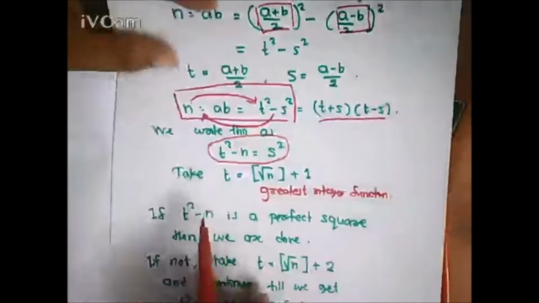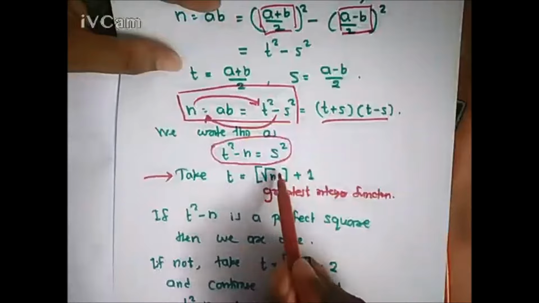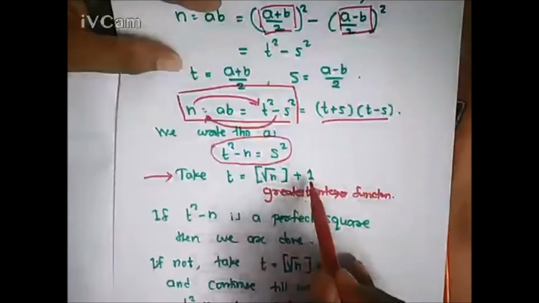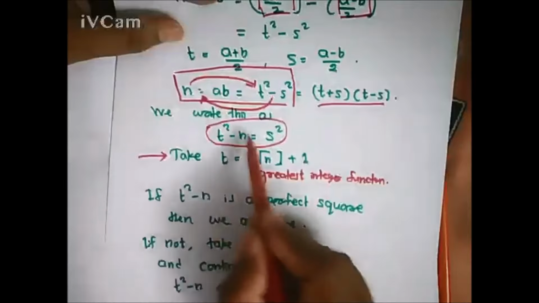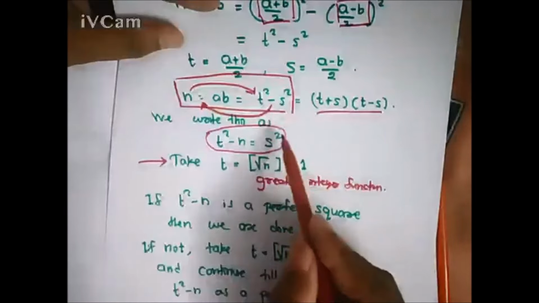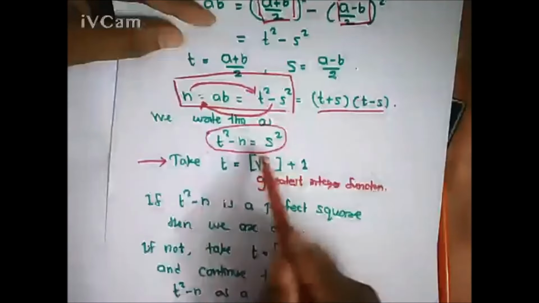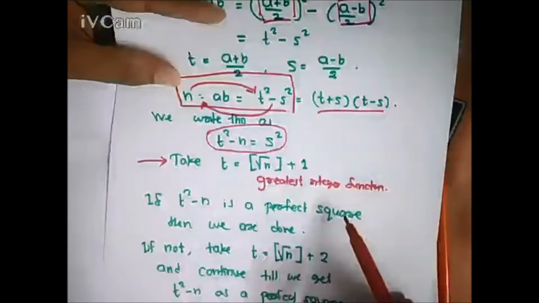Now we take t equal to the square root of n, greatest integer function, plus 1. If t square minus n is a perfect square, then we can take the square root of it and get the value of s, and our work is over.